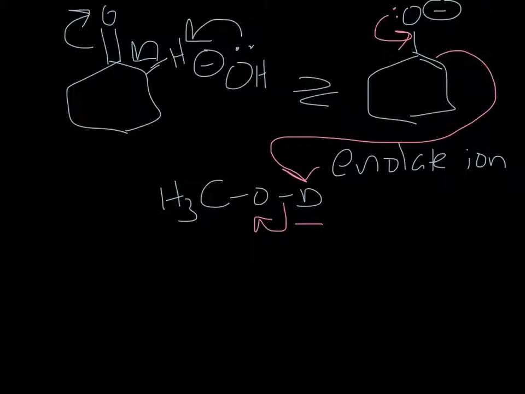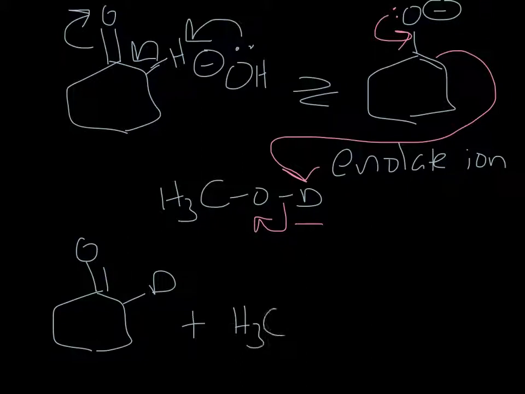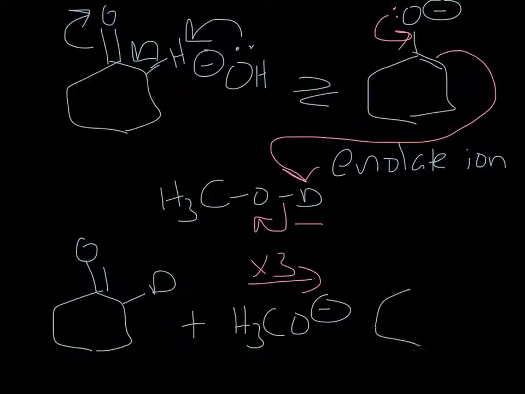And so what I then get is this guy plus methoxide, which can just go act like a base because we're already under basic conditions. Then you would see that this would happen 3 more times, and that would get me my final completely deuterated compound.